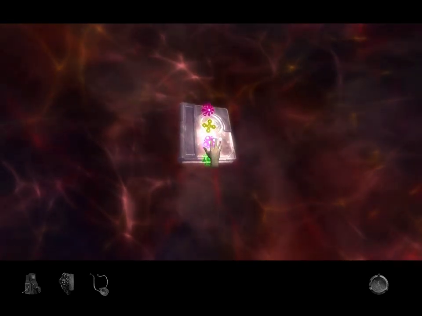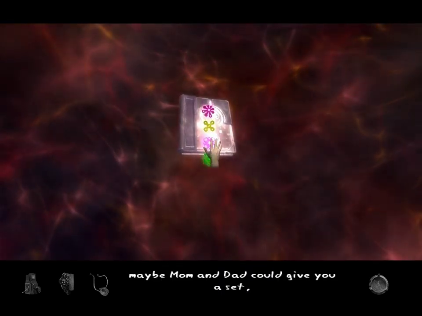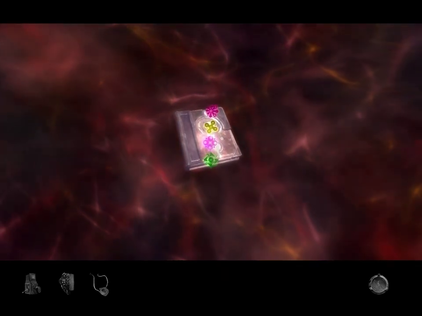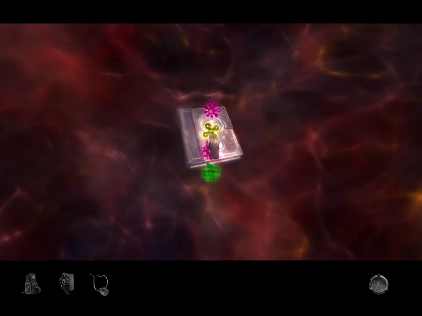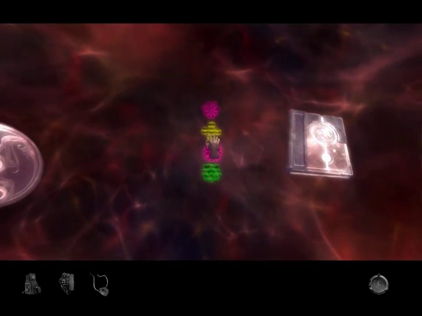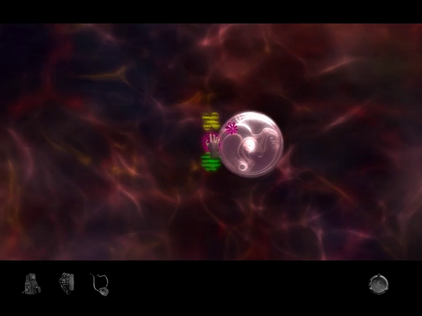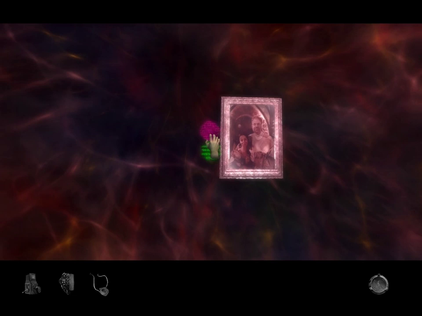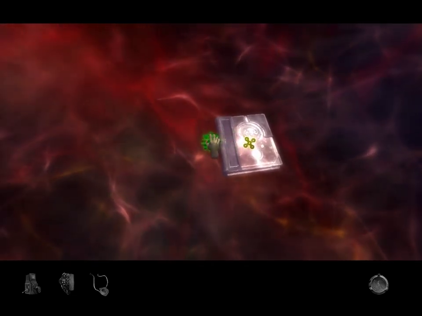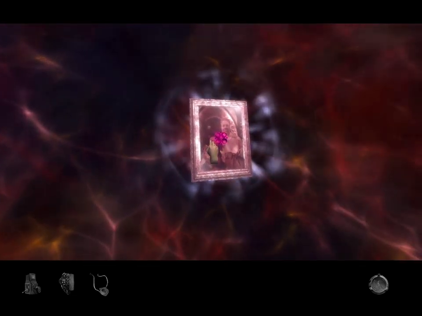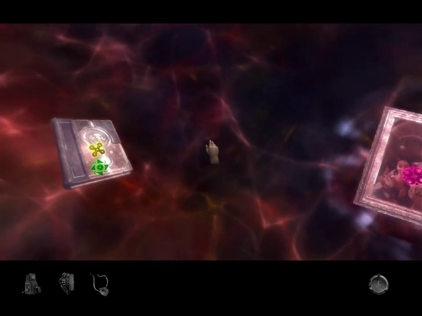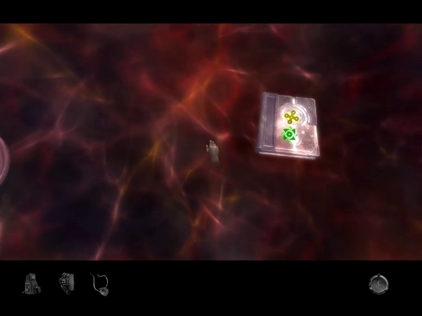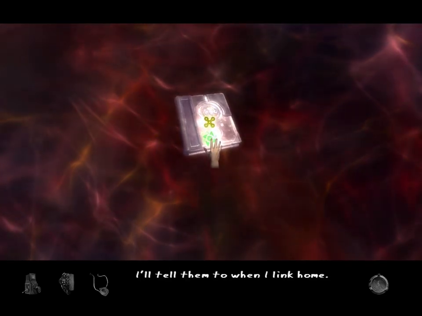Okay, next up. "Well, maybe Mom and Dad could give you a set as a present." That symbol is actually the only symbol that goes with the picture. So that solves the picture. Next up is the linking book. "I'll tell them to when I link home."